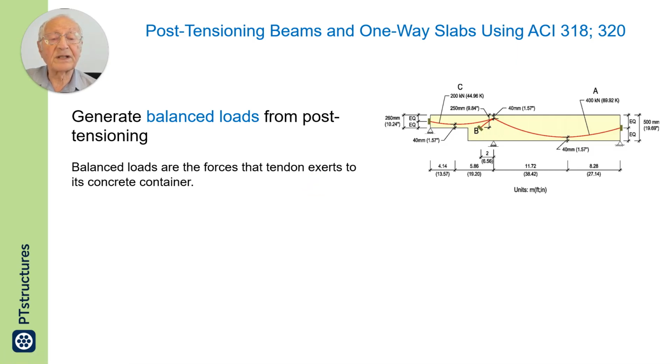I have to calculate the balance load from the tendons, and I have shown this diagram in which I have a change in cross section, and I have more strands in one span terminating in the shorter span.